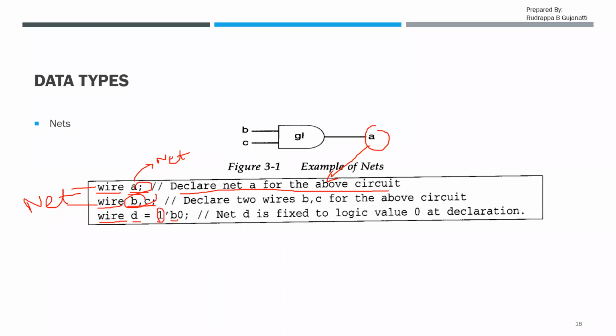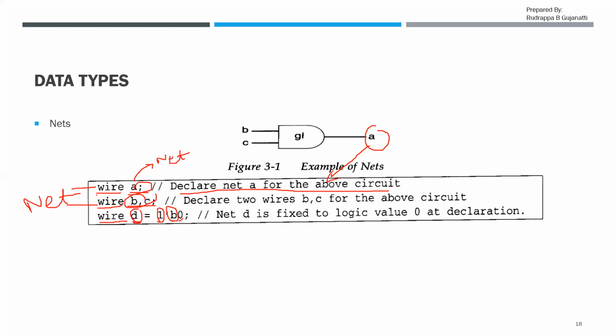It is of type binary, and the value is 0. So you are directly giving the value of 0 to this net data type. Later, if you want to change it, you can change it again. These are different ways we can specify the net data types.